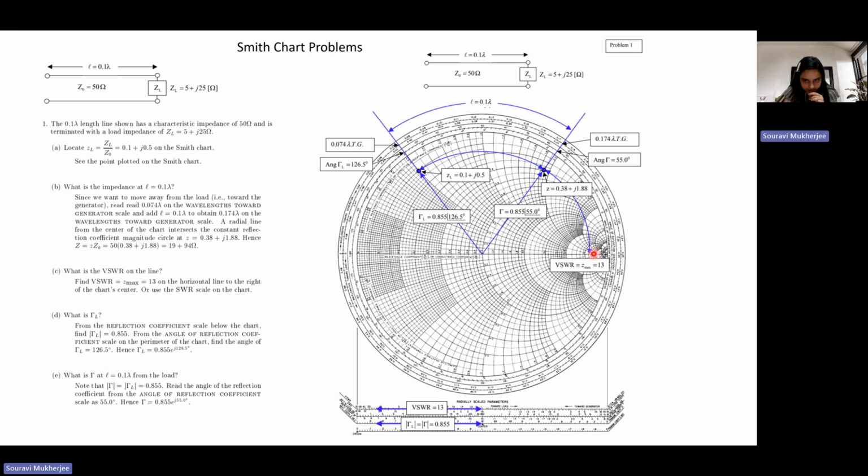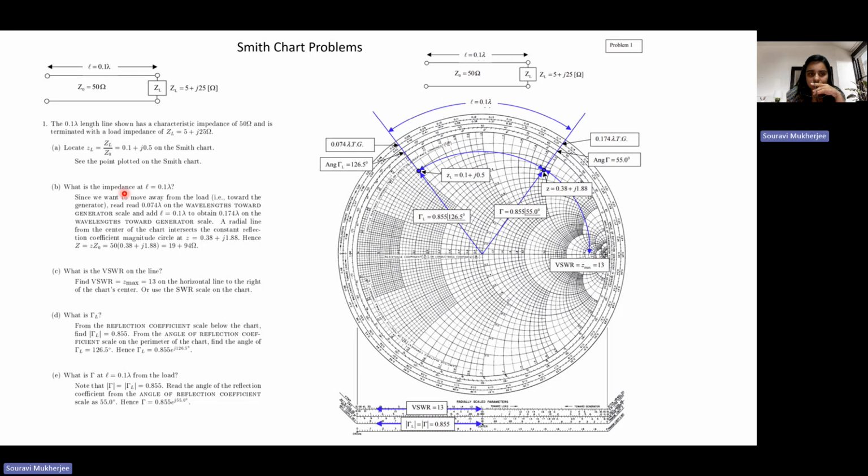So you can draw a circle, and wherever that circle intersects with the line that you draw from the wavelength towards generator point to the center, this intersection point will be your normalized impedance at L equal to 0.1 lambda.